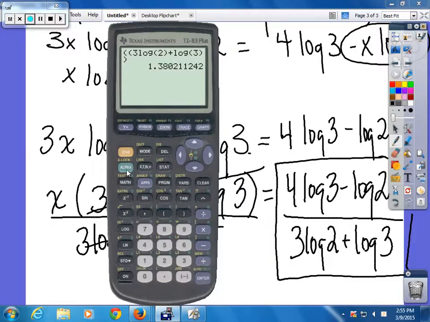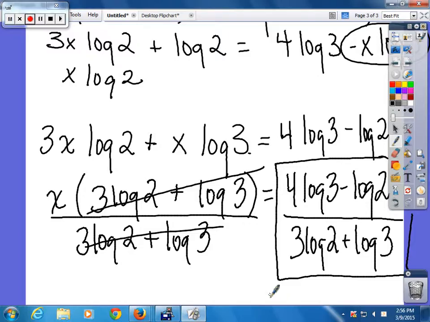And I put that in the denominator, store, alpha, denominator. And then what I do, take the numerator and divide it by the what? Alpha n divided by alpha d. I got 1.16. What'd y'all get? 1.16.